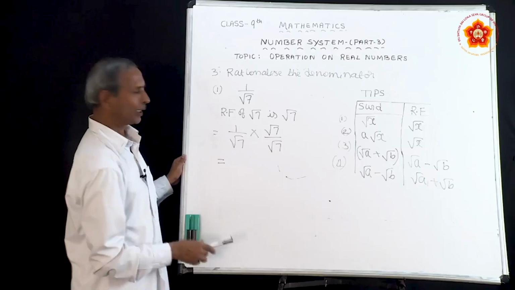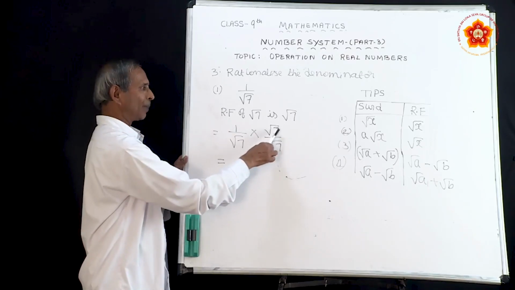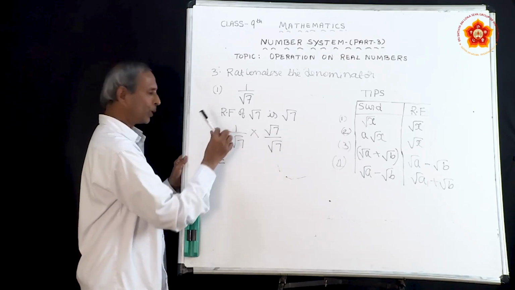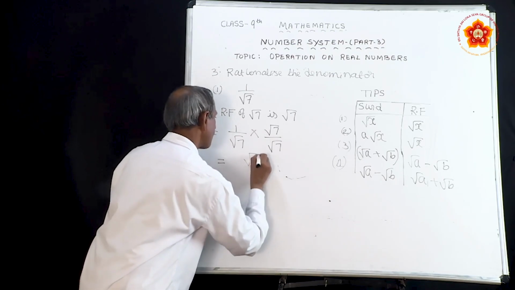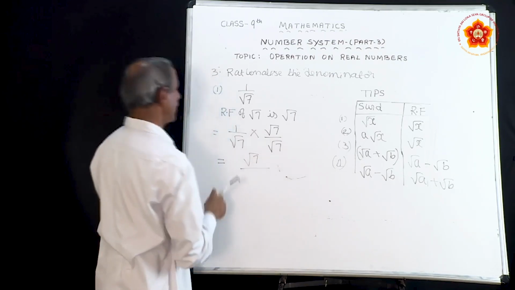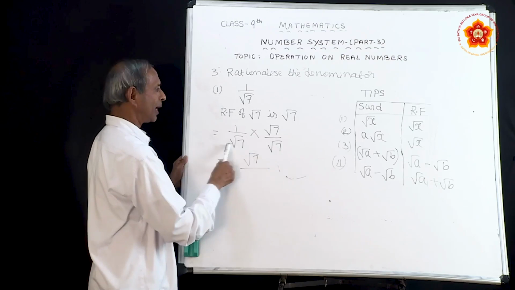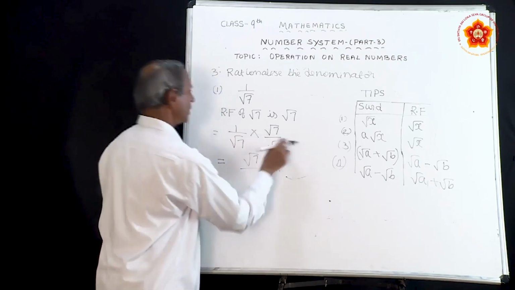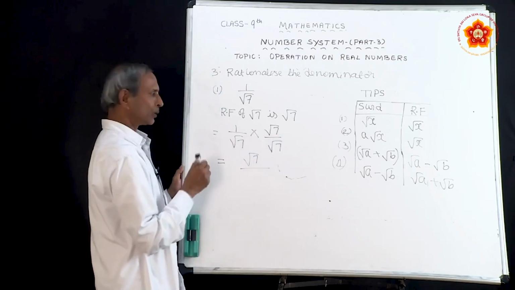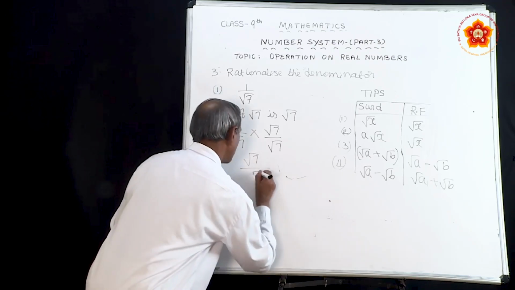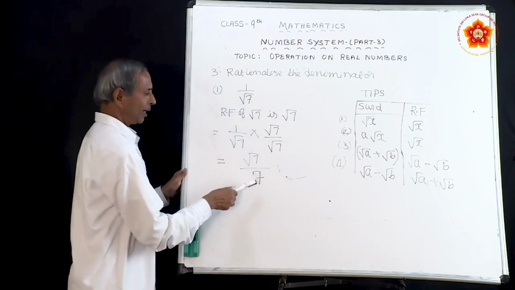Now observe, in the numerator, root 7 into 1, you are going to get root 7 only. In the denominator, root 7 into root 7, naturally you will get root 49, whose square root is 7 only. Now you are getting 7 as the denominator.